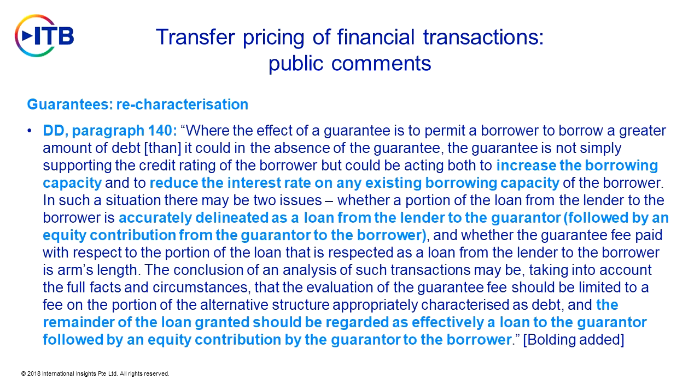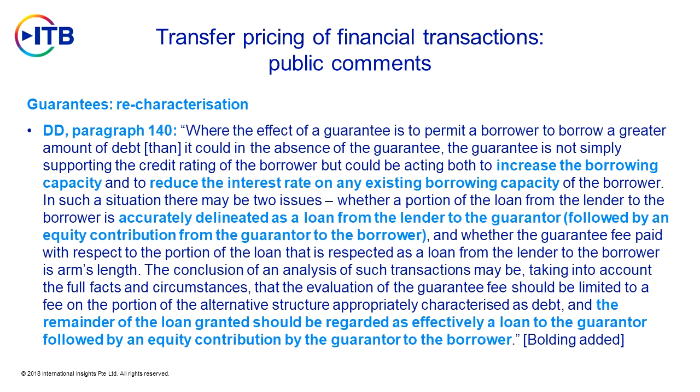In such a situation, there may be two issues: whether a portion of the loan from the lender to the borrower is accurately delineated as a loan from the lender to the guarantor, followed by an equity contribution from the guarantor to the borrower, and whether the guarantee fee paid with respect to the portion of the loan that is respected as a loan from the lender to the borrower is arm's length.